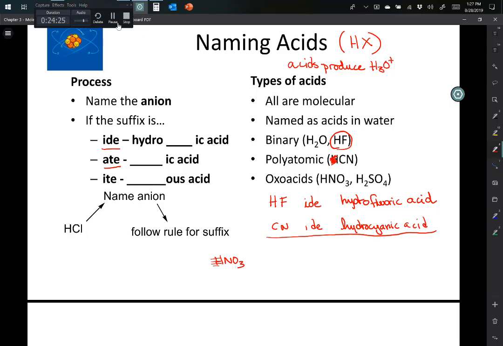Nitrate, right? So NO3 minus is an ATE. You substitute the suffix. You don't do the prefix, just the suffix. The suffix changes, and this becomes nitric acid.